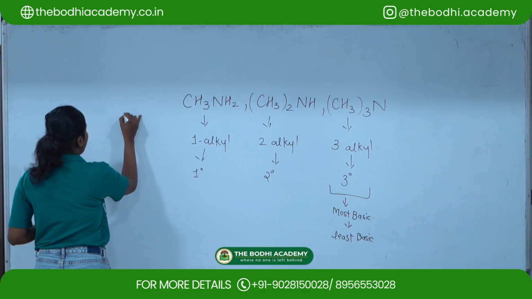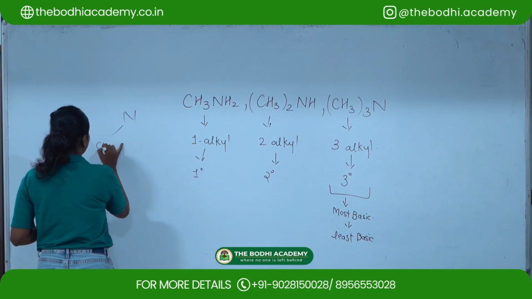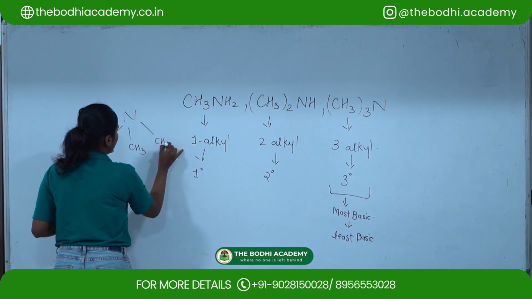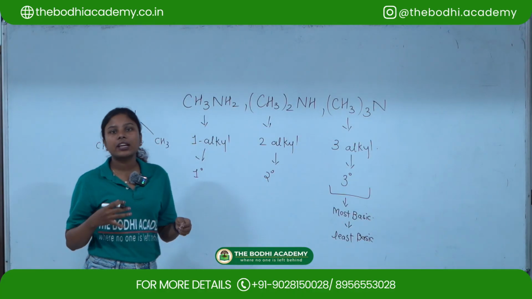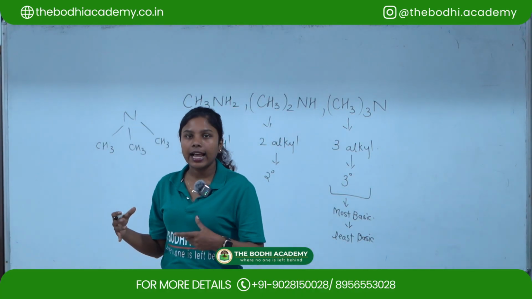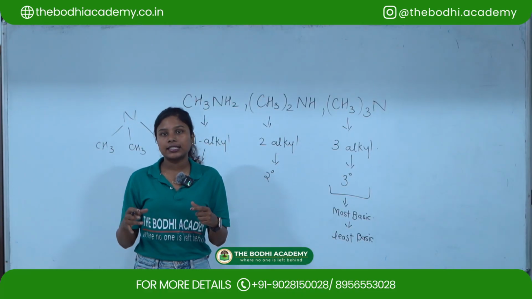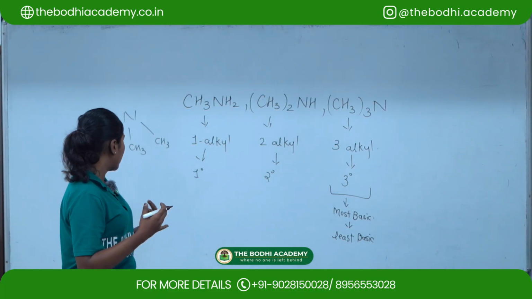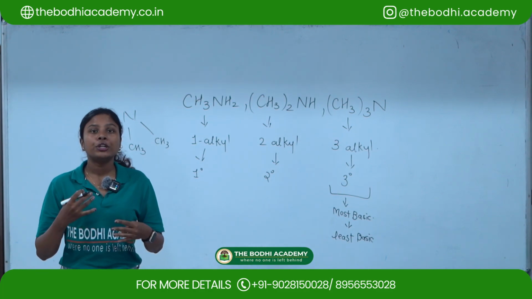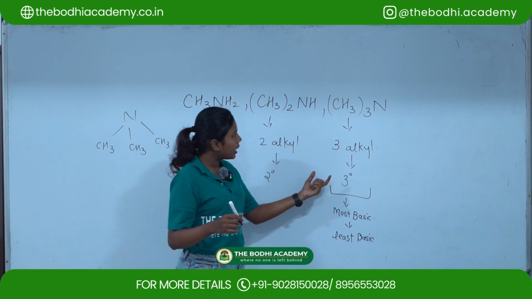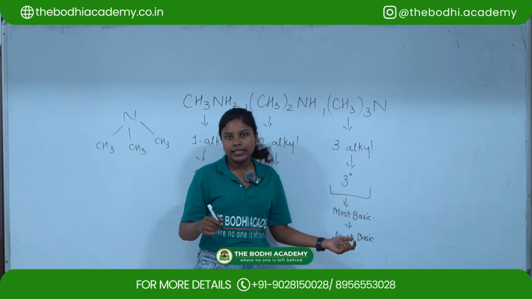As we see, we have nitrogen and three alkyl groups, so there is a bit of crowding happening in this case. There is some kind of hindrance occurring over here. Therefore, due to this steric hindrance, this tertiary amine is the least basic.